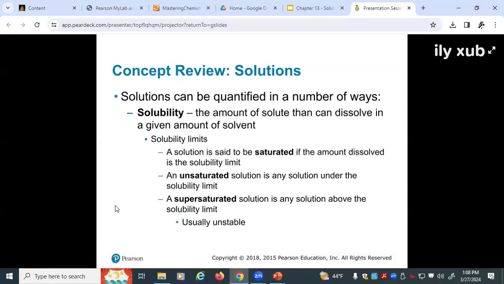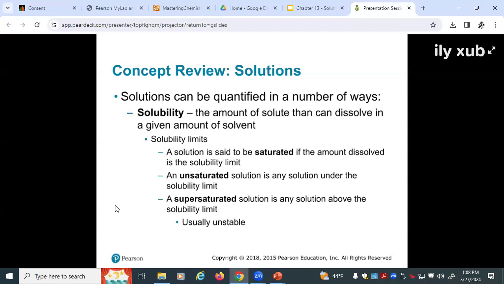As you saw in lab this week, one of the ways that we can quantify solutions is based on its solubility. And there are 3 ways of quantifying solubility from kind of a broad perspective.